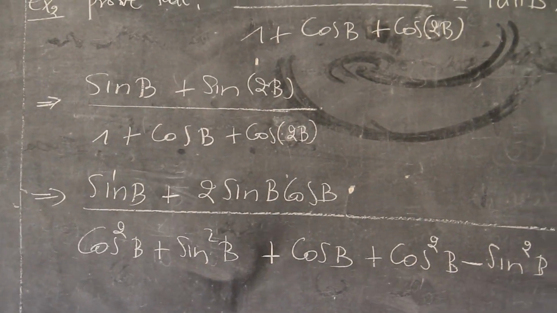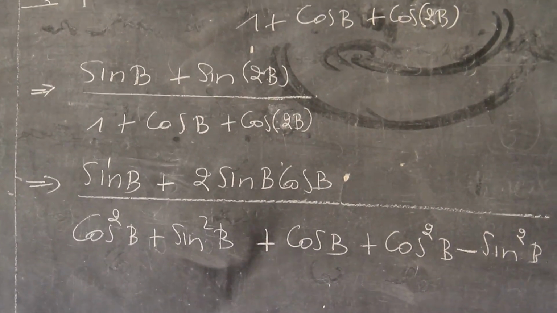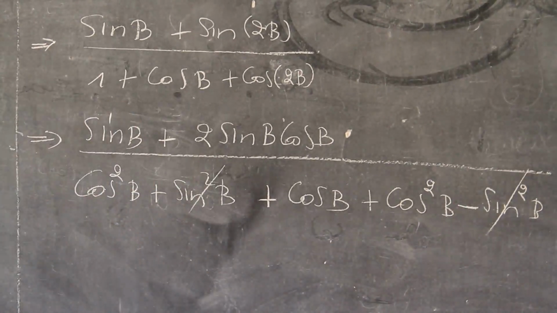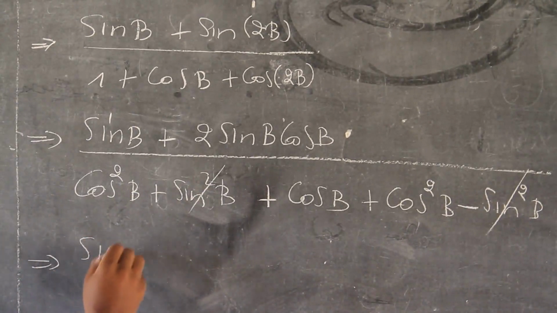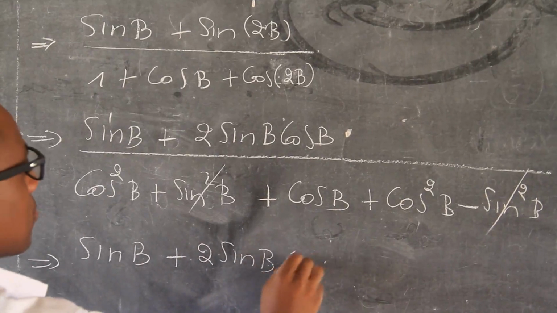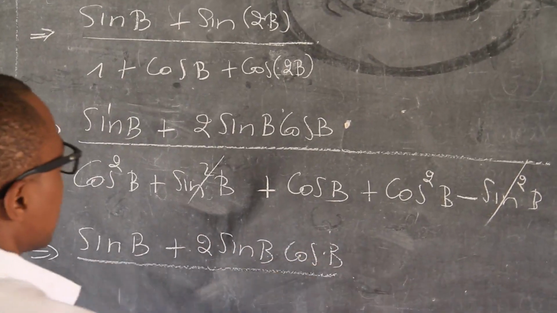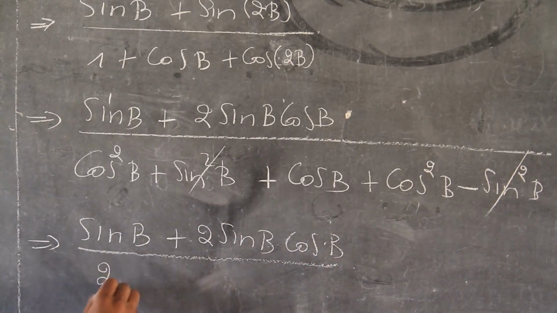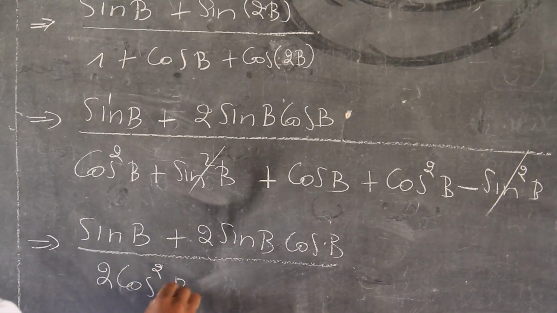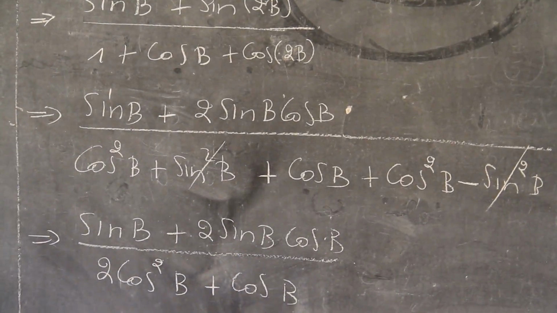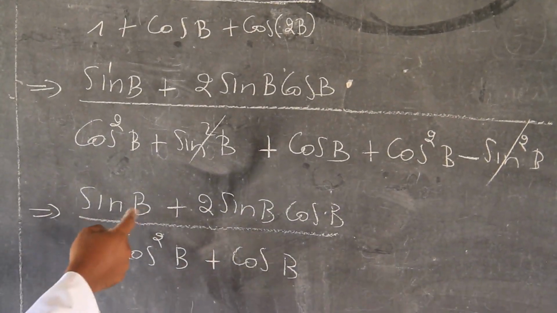So can I remove something? Yeah, this sine. So I remain with sine B plus 2 sine B cos B over cos B and cos will be 2 cos B plus cos B. So what if sine comes out in fact?